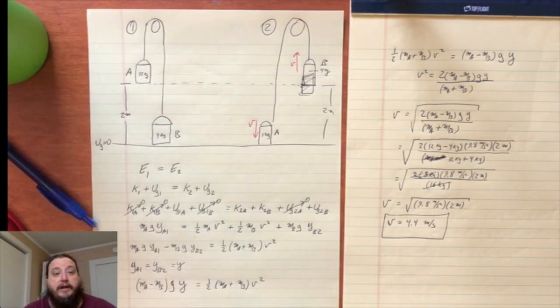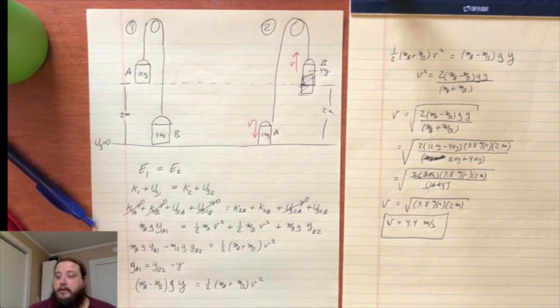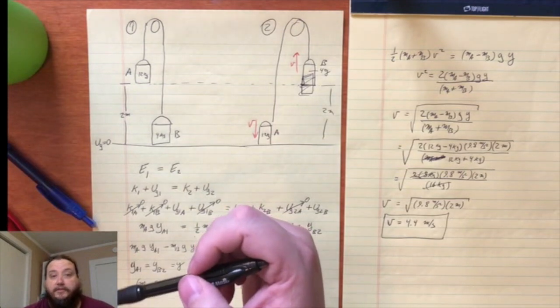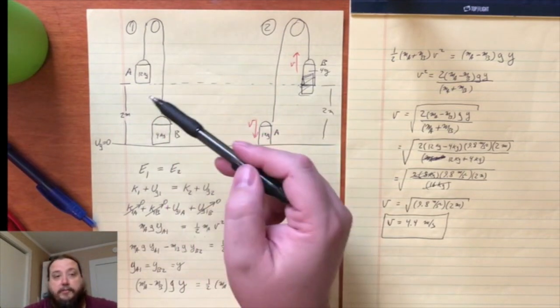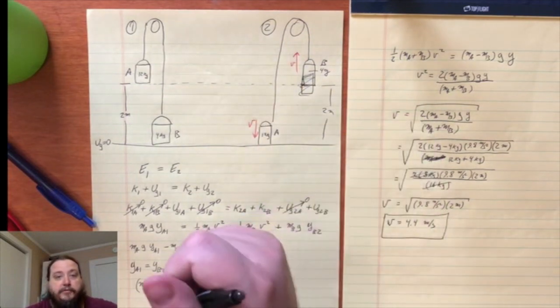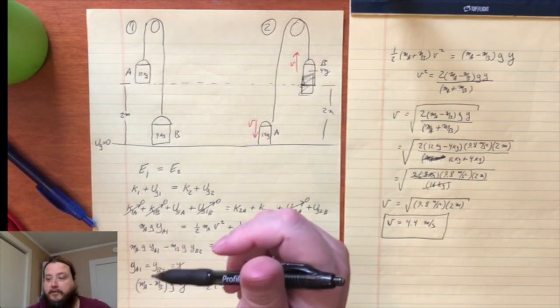So again, the strategy we use to solve this problem: draw ourselves a picture, identify a couple of interesting moments in time. In this case, the moment our experiment begins and the moment our experiment ends, just before the heavier bucket hits the ground.